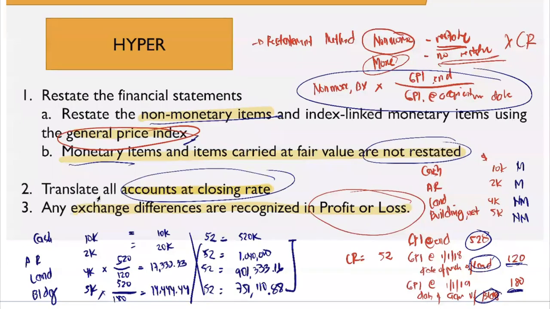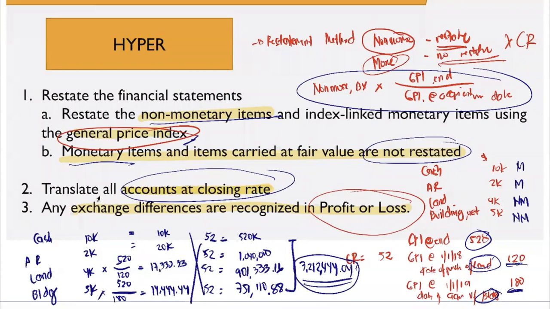How much is our total assets translated? 901,333.16 plus 1,040,000 plus 520,000, we have 3,212,444.04.